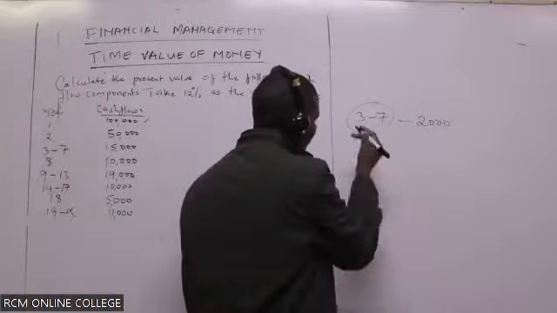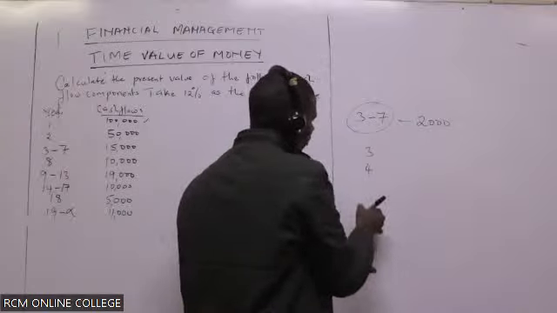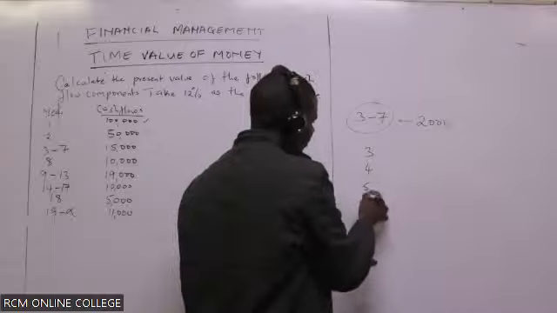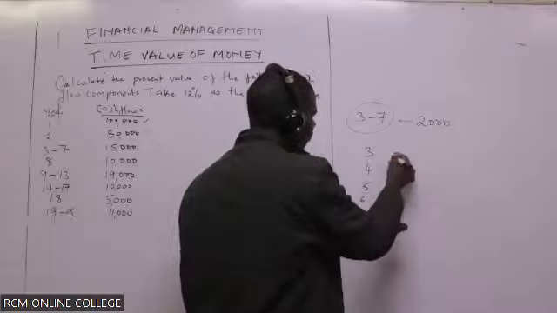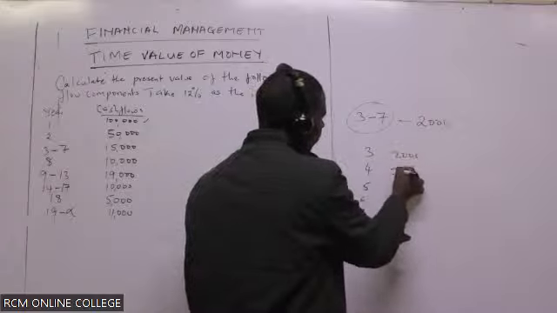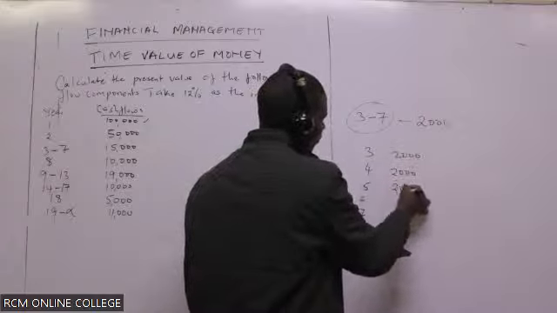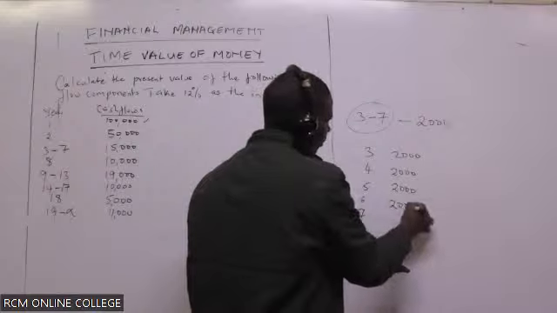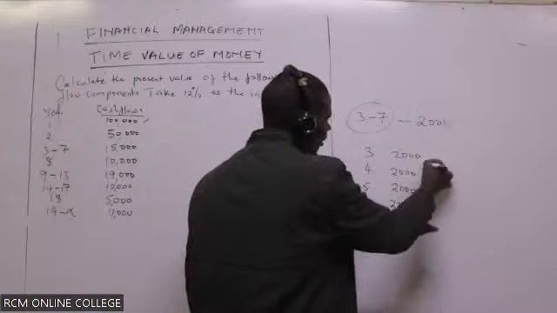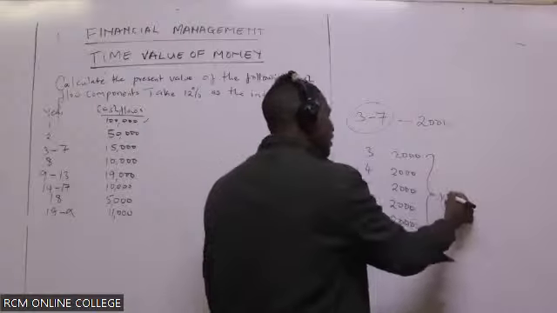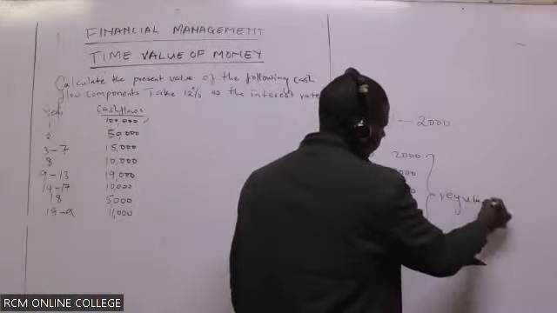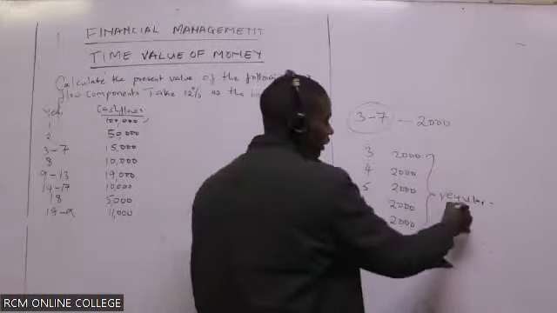That year 3, year 4, year 5, year 6, year 7 is 2000. He has just hidden it, but this is a regular cash flow. That is how they have made a regular cash flow.